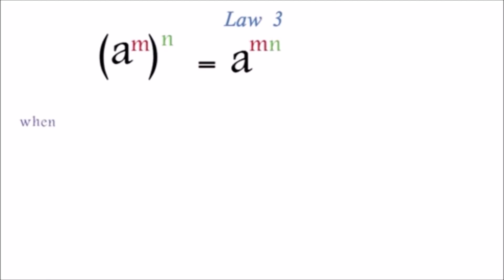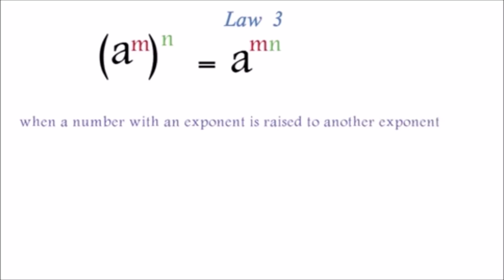Law 3. The third law of exponents states that, in parentheses, a exponent m all exponent n equals a exponent mn. We are saying that when a number with an exponent is raised to another exponent, we can simply multiply the exponents.